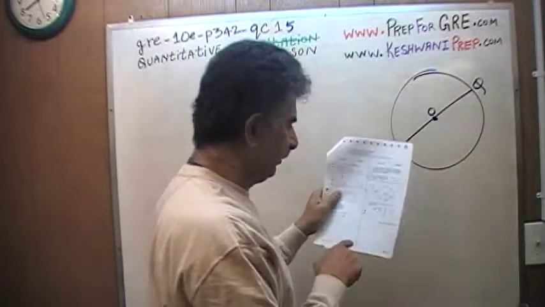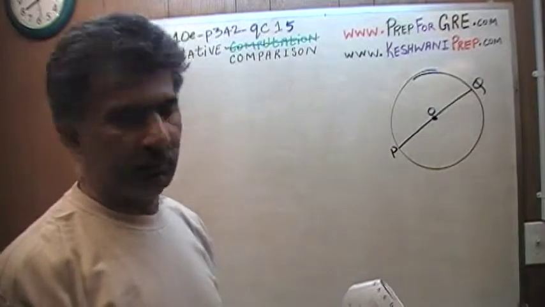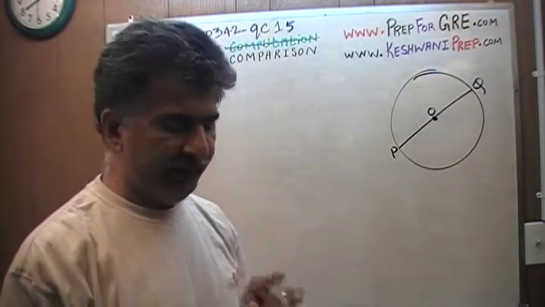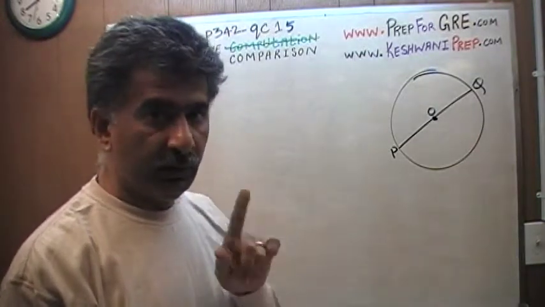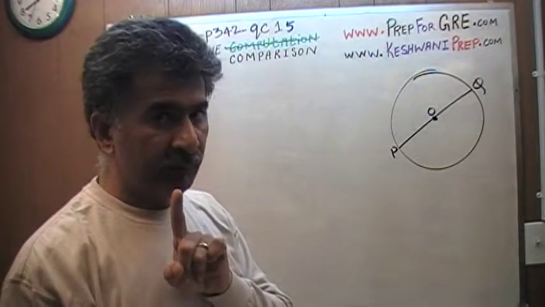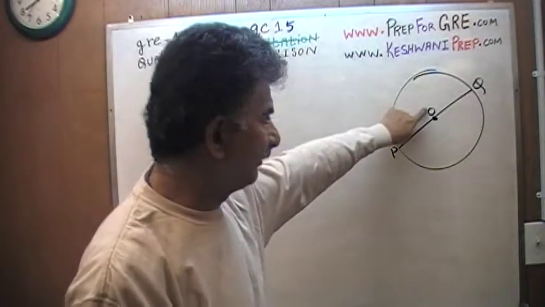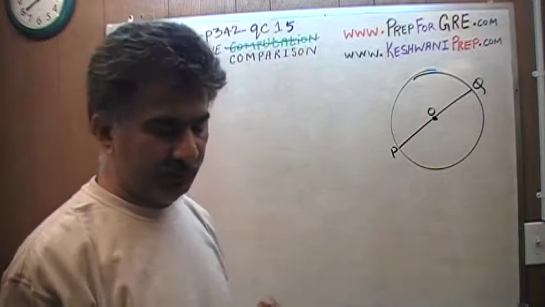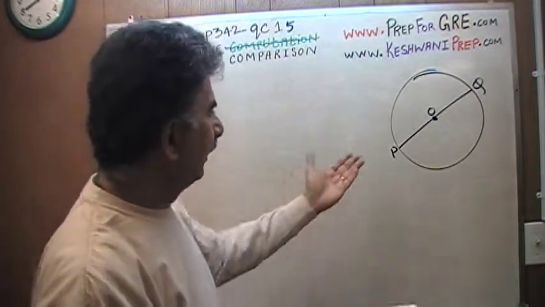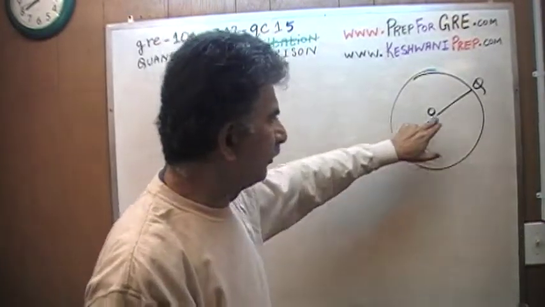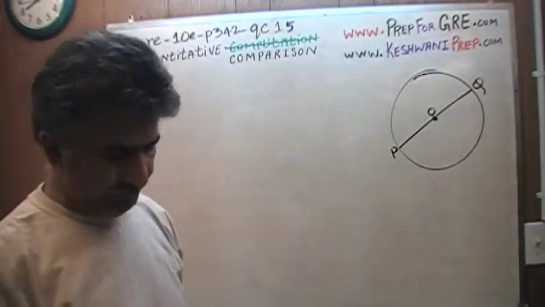They tell you in the problem that O is the center of the circle. If they did not tell us that, we could not have taken liberties in assuming that O is the center. But they tell you explicitly that O is the center, and if O is the center, then this line that goes through the center is the diameter.